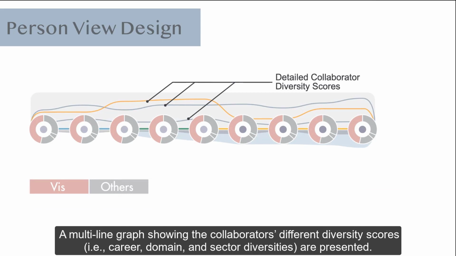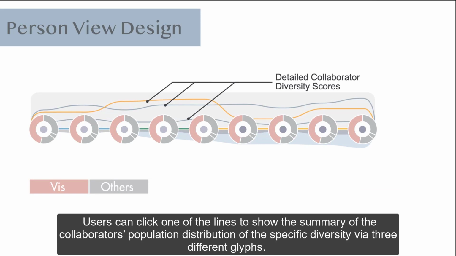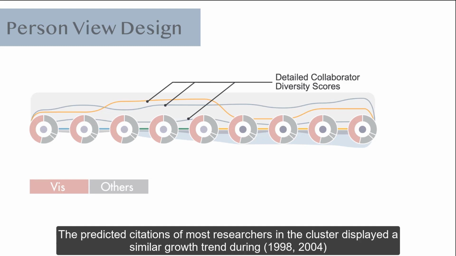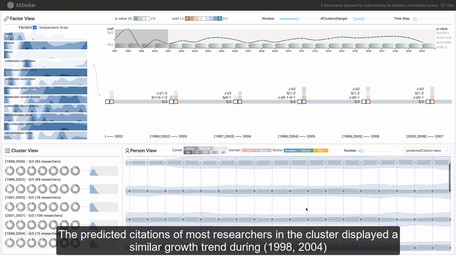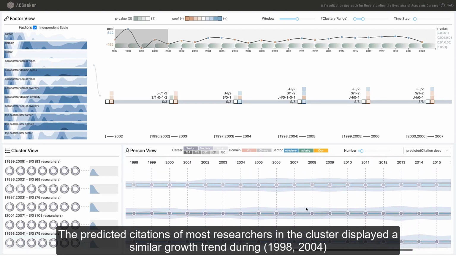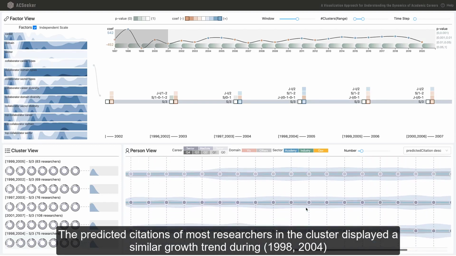A multi-line graph showing the collaborators' different diversity scores is presented. Users can click one of the lines to show the summary of the collaborators' population distribution of the specific diversity via 3 different glyphs.